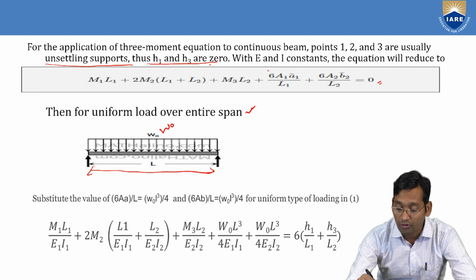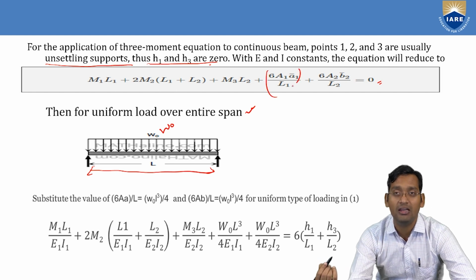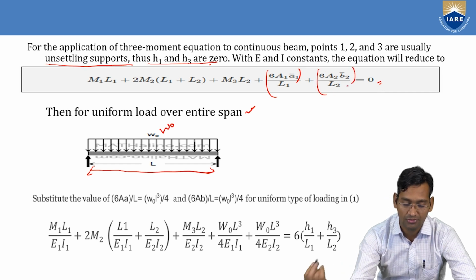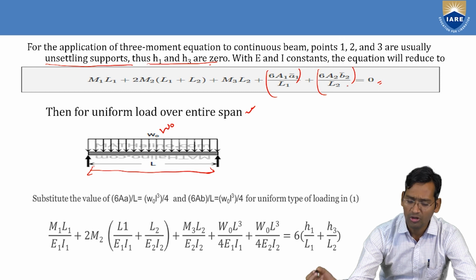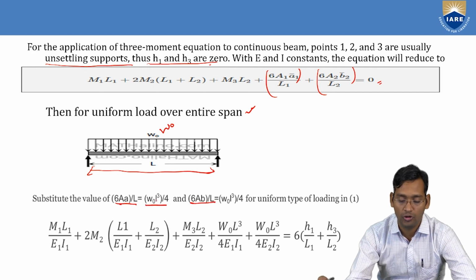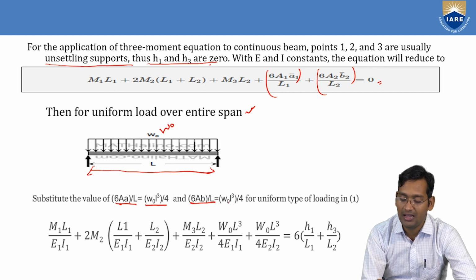So now 6A1 a1 bar by L1 plus 6A2 b2 bar by L2, this value we have to substitute. Substituting the values of 6Aa by L and 6Ab by L, from that table 6Aa by L is W naught L cubed by 4, and 6Ab by L is also W naught L cubed by 4, right?